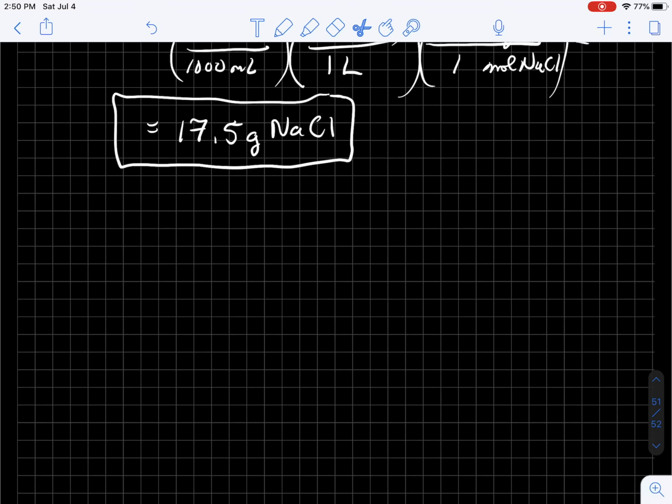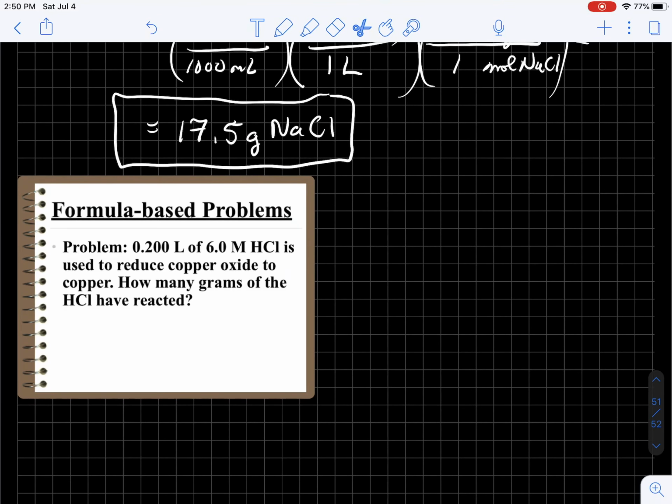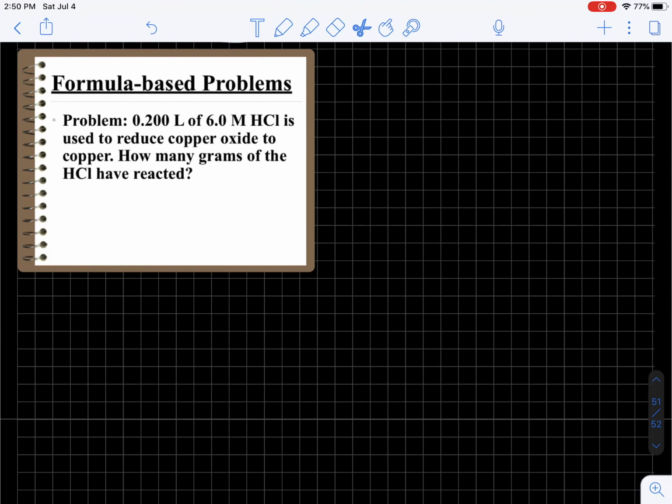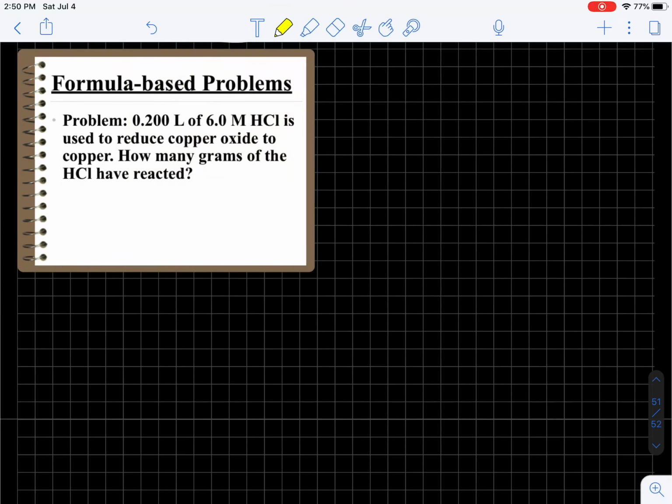Now, we don't have to understand what's going on in this reaction to be able to do the problem, because we can rely on our technique, our formula-based technique, or our conversion factor technique, whatever we decide to do. So when I look at this problem, first thing I'm going to do is ask myself, what is it that they're actually asking me to find? They're asking me to find grams of hydrochloric acid.